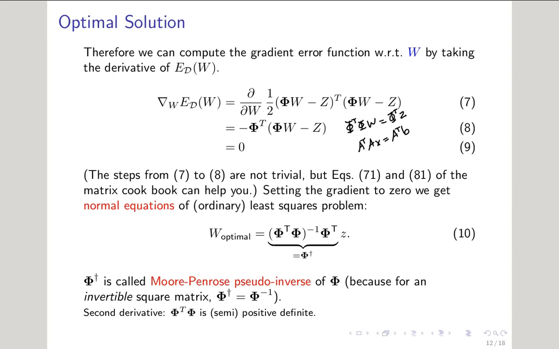So, this shows us that the optimal w is equal to the pseudo-inverse of the design matrix multiplied by the target values of Z. Here, this pseudo-inverse is actually the Moore-Penrose pseudo-inverse, which just means that when the matrix is square and positive semi-definite, the Moore-Penrose pseudo-inverse is actually equal to the inverse of the matrix.